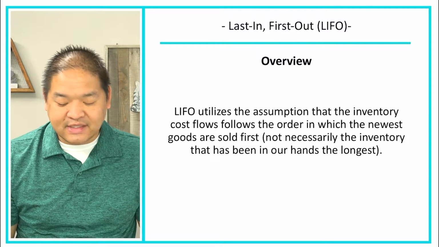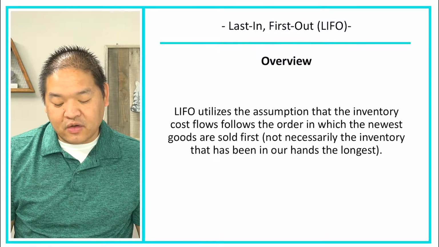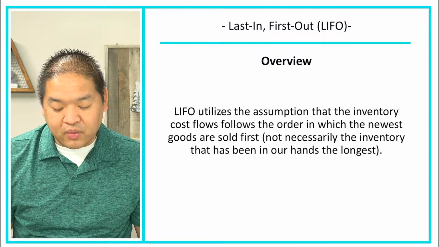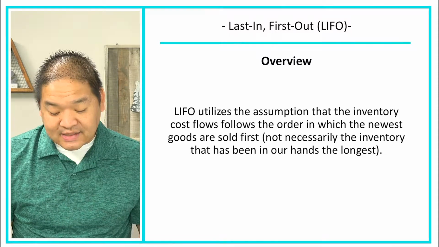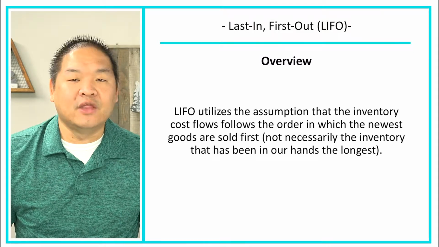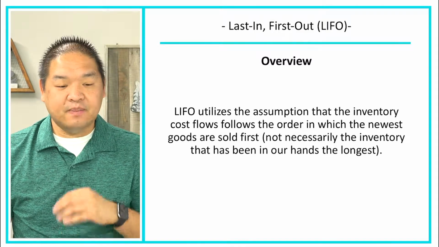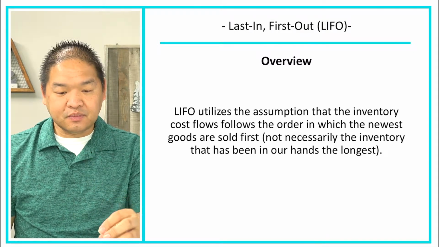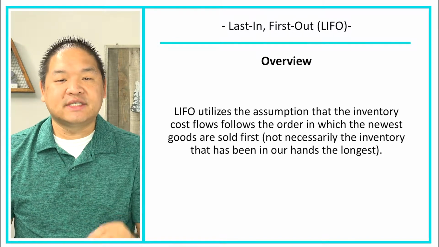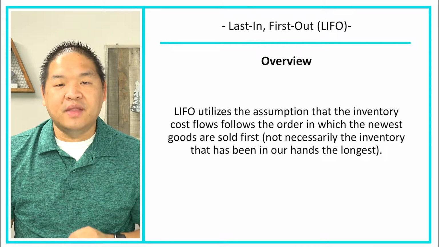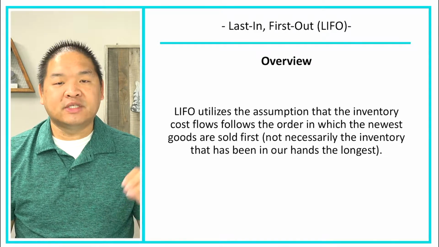So LIFO utilizes the assumption that the inventory cost flow follows the order in which the newest goods are sold first, not necessarily the inventory that has been in our hands the longest. So the assumption here is that when customers come in, they are picking up the one item that just came in. They're not picking up the one that came in 2 weeks ago, 3 weeks ago, 4 weeks ago.